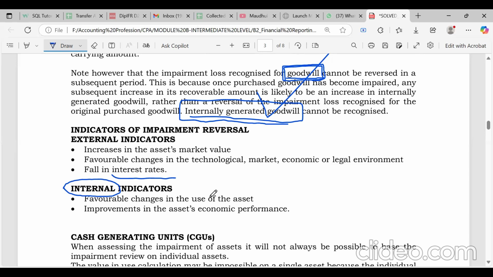Okay, as for internal indicators, what are you going to do? Favorable changes in the use of an asset. This one the company sees itself, by its own decisions, right? Like you said before, maybe you had a machine and you were leasing it out to someone else, but you thought, okay, I'm getting much richer funds, let me take it and use it by myself.